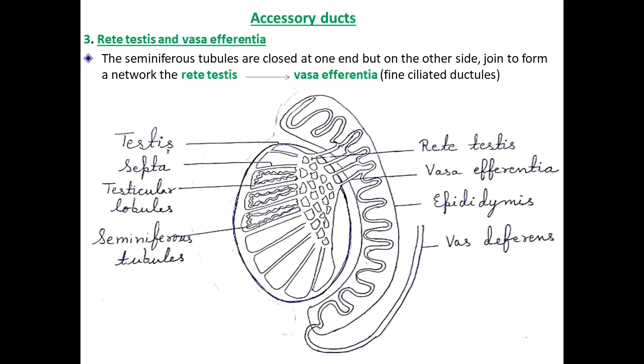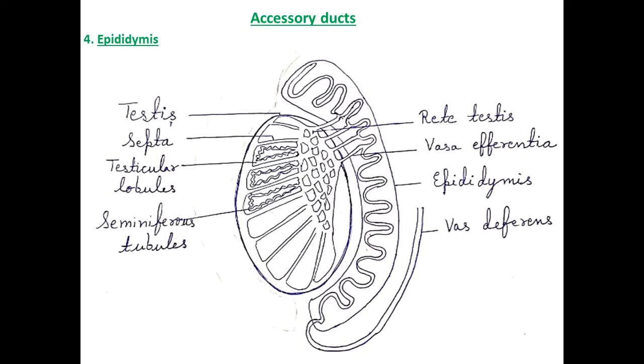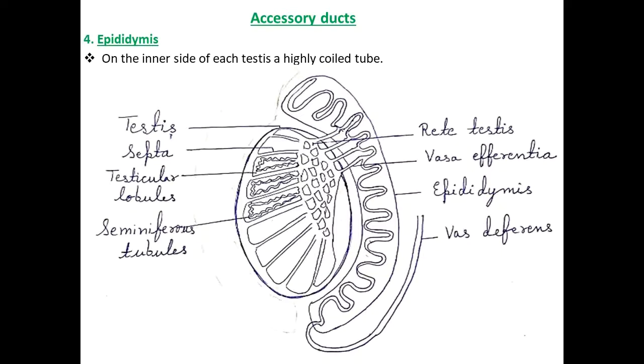Rete testes leads into Vasa efferentia. Vasa efferentia then leads to the epididymis, which is present along the posterior surface, means on the inner side of the testes, क्योंकि बाहर की तरफ testes की coverings है और अंदर की तरफ present है epididymis.